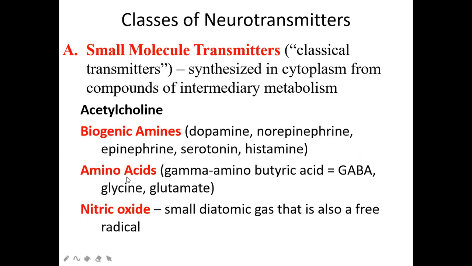We have amino acids as neurotransmitters like GABA, gamma aminobutyric acid, glycine, and glutamate. Nitric oxide is a small diatomic gas that is also a free radical, and it is also called endothelial derived relaxing factor, that is EDRF. Very important.